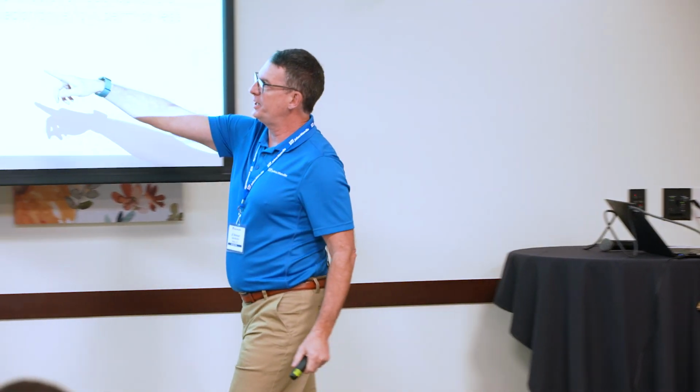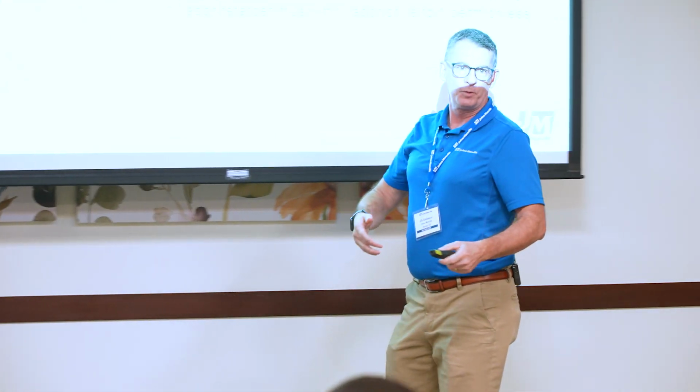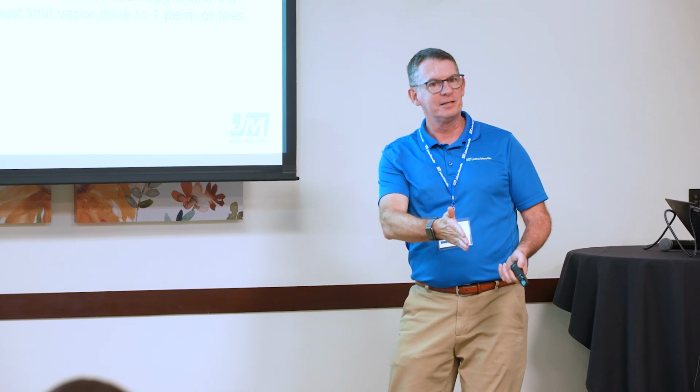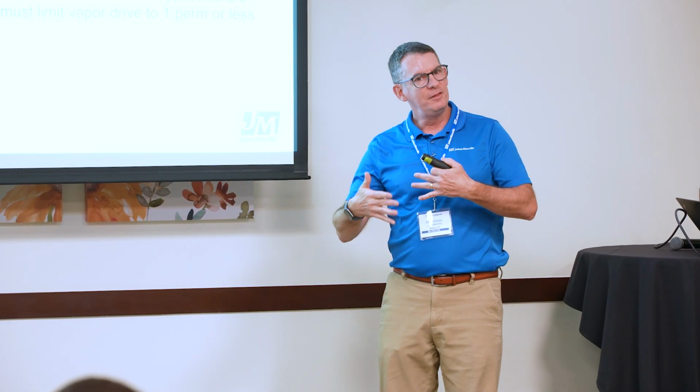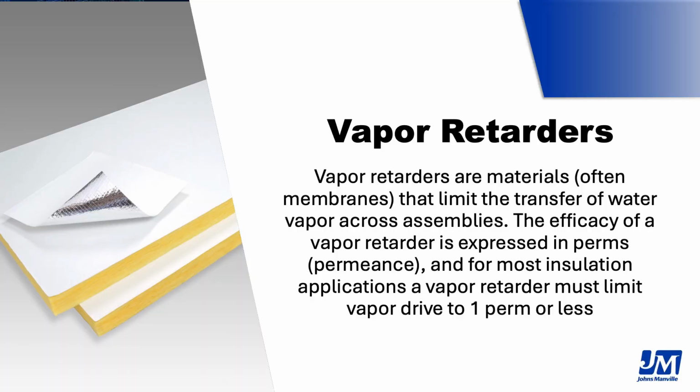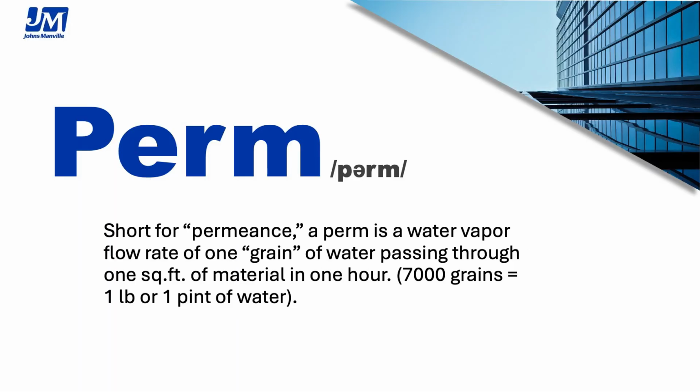When it's something foil faced, it more like stops it. If it's not foil faced, then it's more of a throttle. For something to be considered a vapor retarder, it's usually got to have a PERM rating, and I think my next slide talks about what a PERM is. The PERM rating has to be 1 or less for the building code to consider something a vapor retarder.